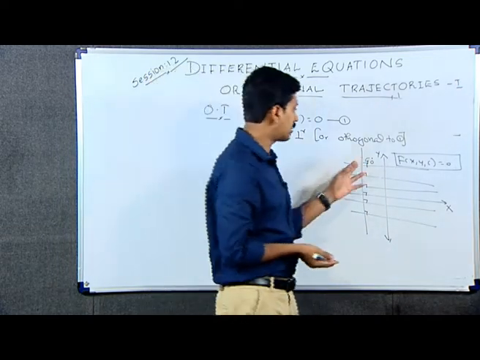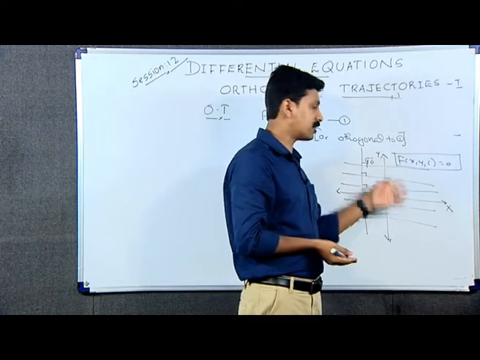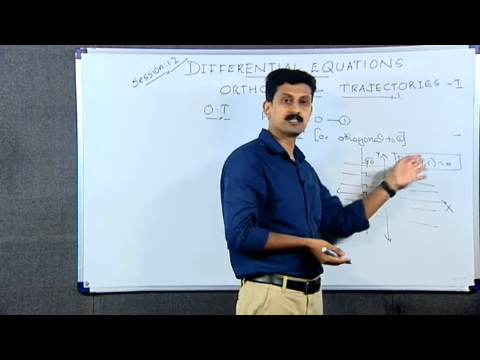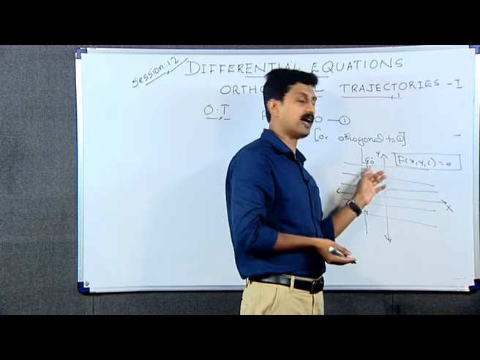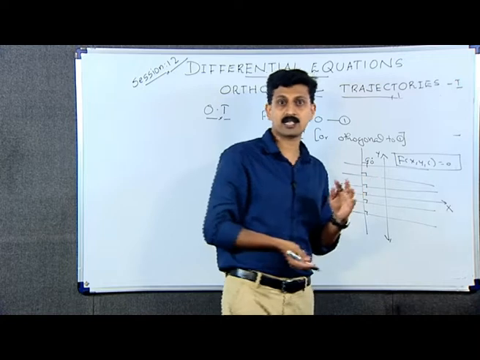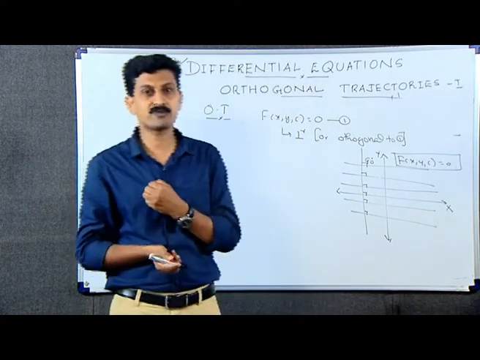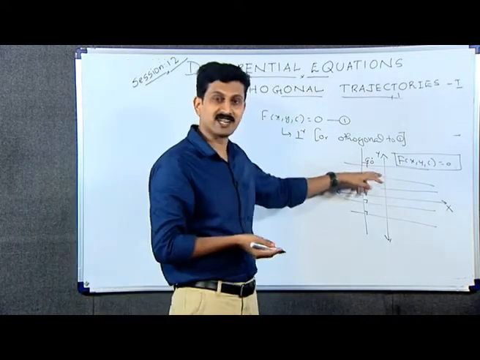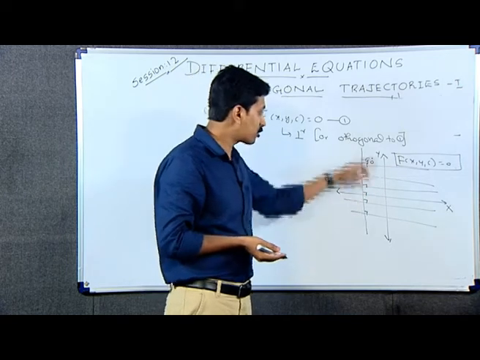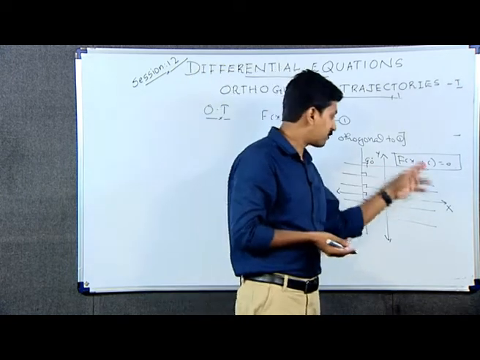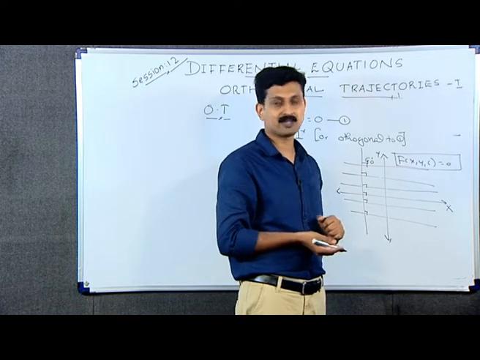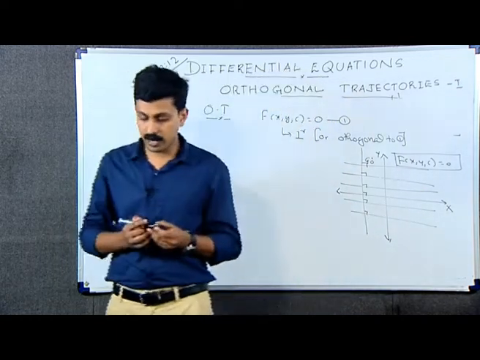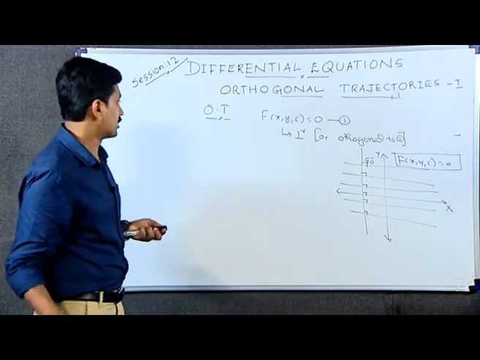Simply we can draw an infinite number of lines which cross the family of straight lines parallel to the x axis at an angle of 90 degrees. So the set of all straight lines parallel to the y axis are the orthogonal trajectories of the family of straight lines parallel to the x axis. So our aim is to find the orthogonal trajectory.